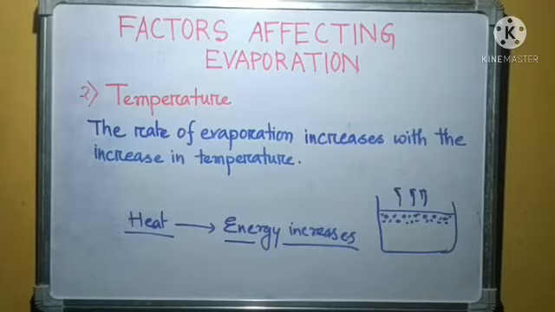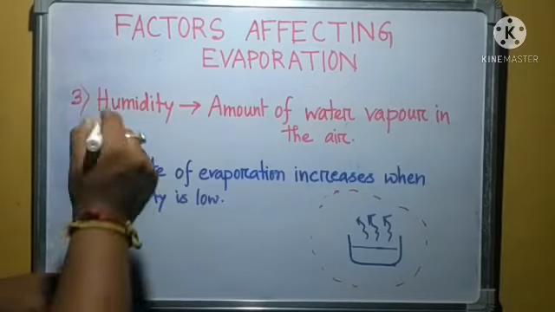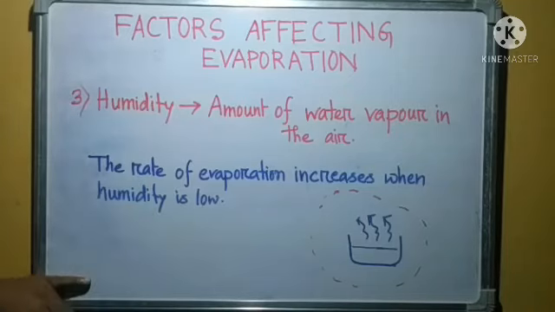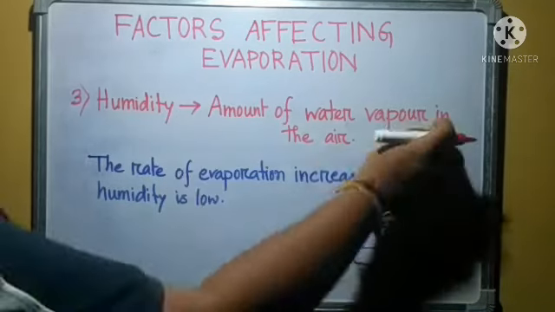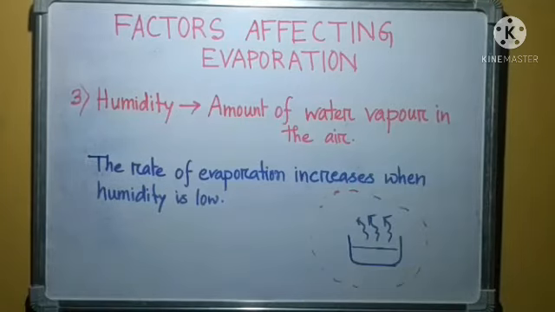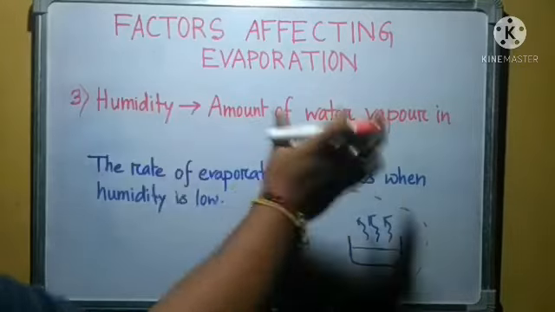The next factor is humidity. So what is humidity? Humidity is very simple. Generally the term seems to be something unique, but everyone of us knows about it. It is the amount of water vapor present in the air.